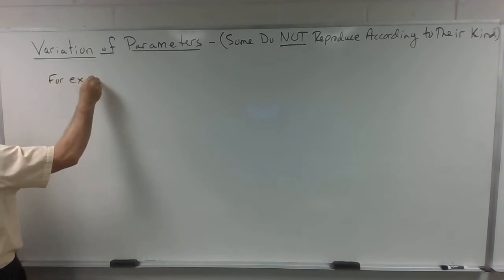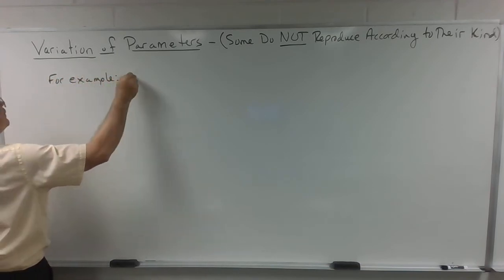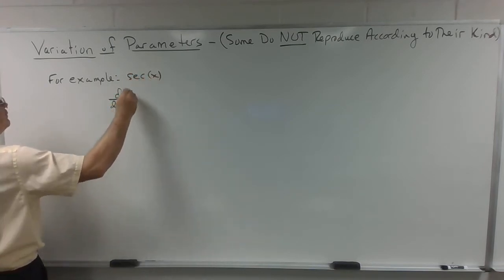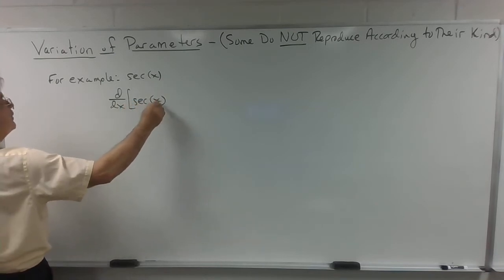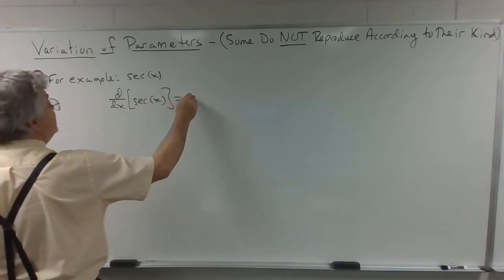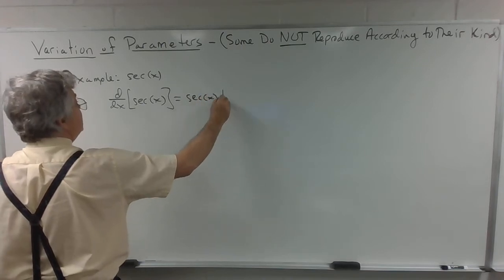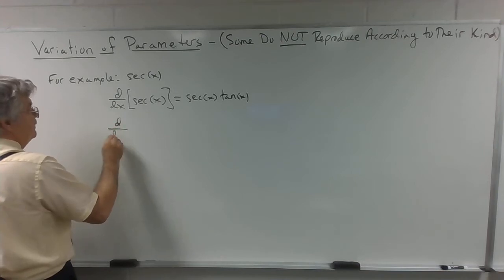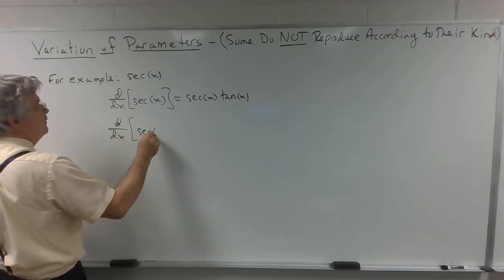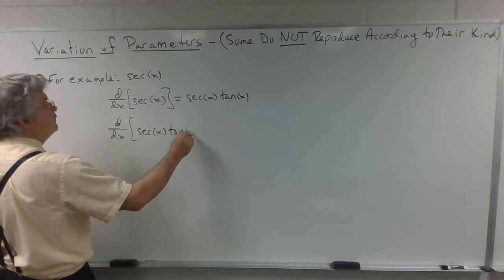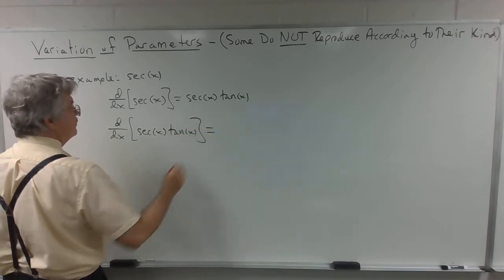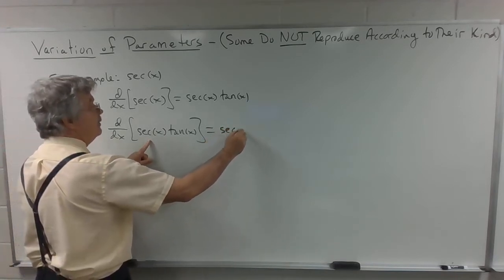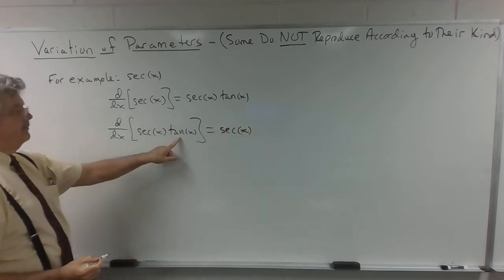For example, secant of x. The derivative of secant of x is secant x tangent x, and the derivative of secant x tangent x, oops, this is a product rule thing coming in, so we're going to get first times derivative of the second.